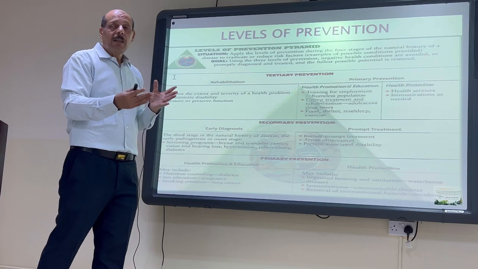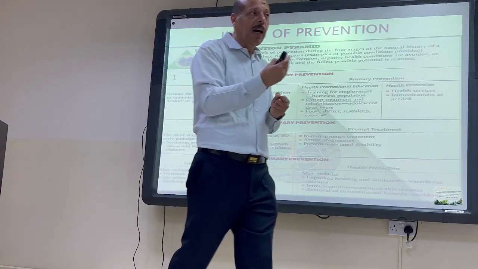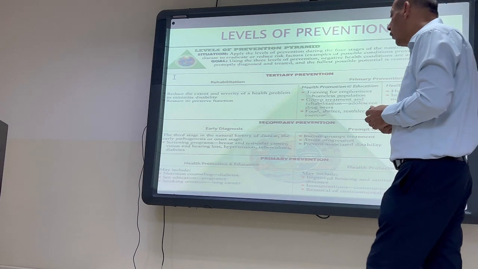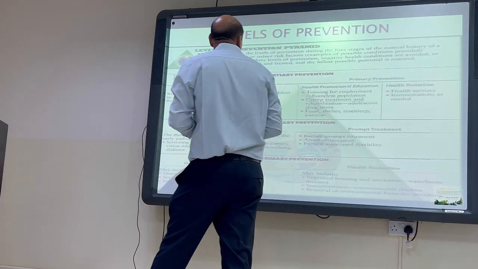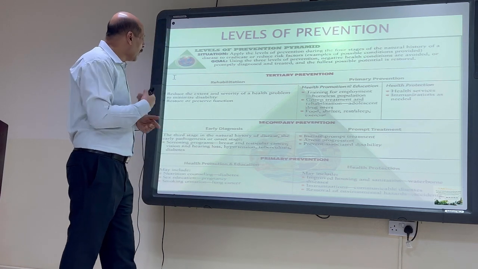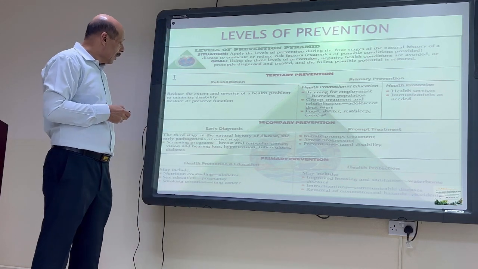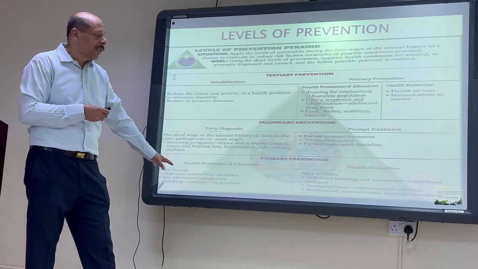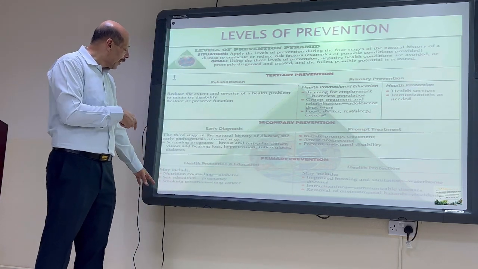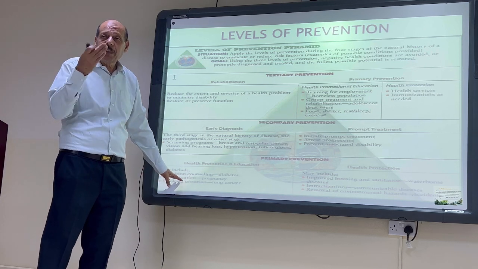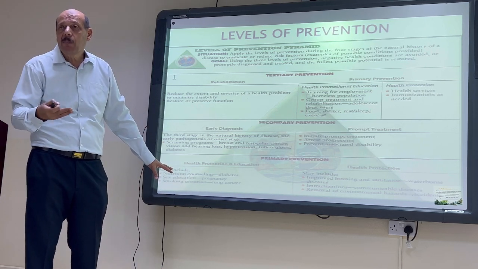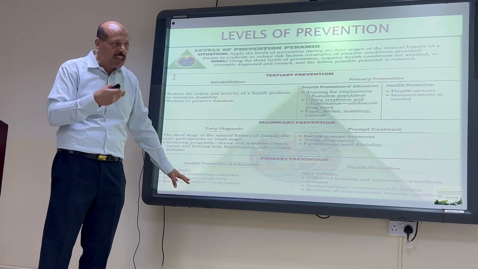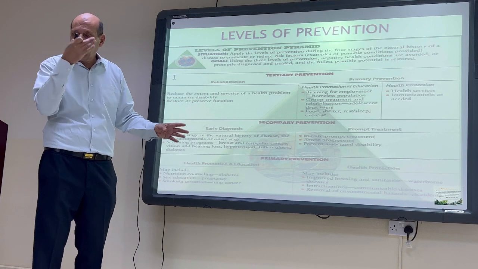So in each stage, we have to have a different type of care in order to prevent that. So there are levels of prevention. Primary prevention mostly concentrates on health education, supporting the immune system through nutrition, doing exercises, and taking vaccination.